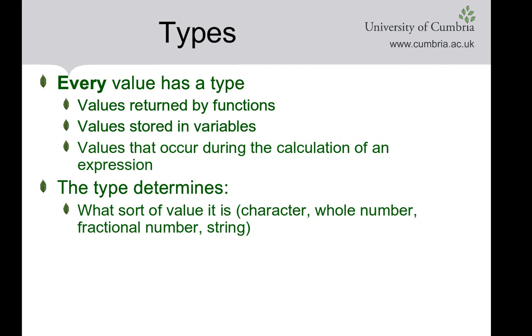There can be integer values, whole numbers, or fractional numbers, known as floating point numbers, generally referred to as either single or double precision floating point numbers. Variables could also be of the type string. A string is a sequence of characters that could make up a word or a sentence, for example.